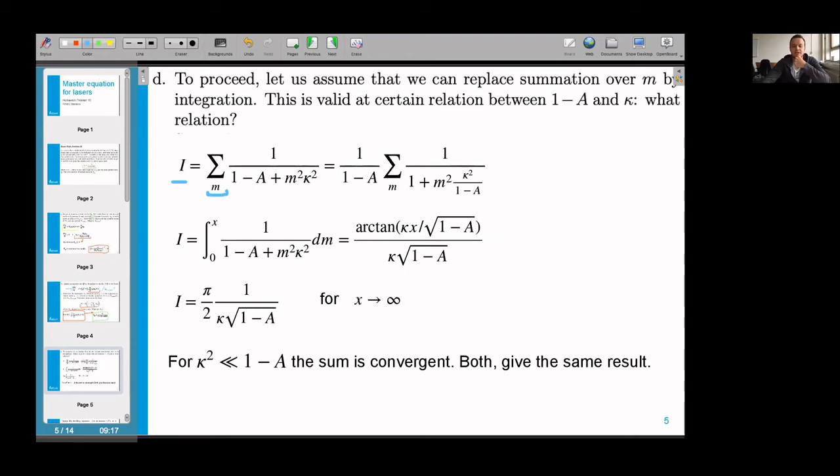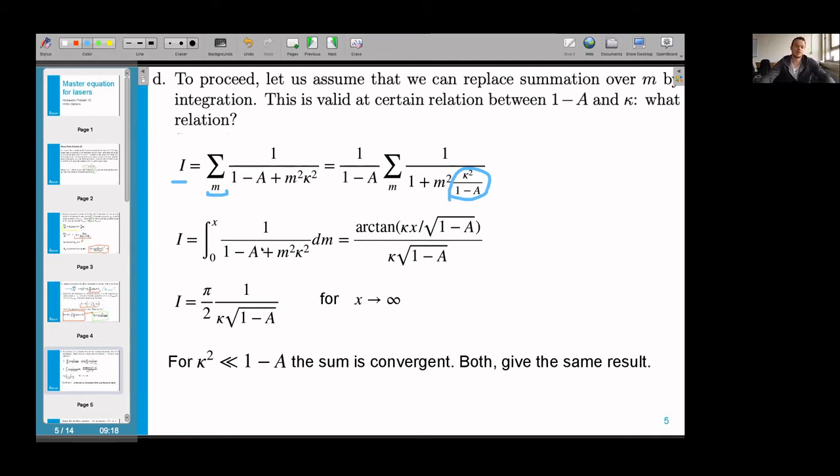Now, you can see that if I take 1 over 1 minus a outside, we end up with 1 over 1 plus m squared times kappa squared divided by 1 minus a. So we expect that this sum will converge if this term is very small with respect to 1. Then we can replace the sum into an integral in the following manner.